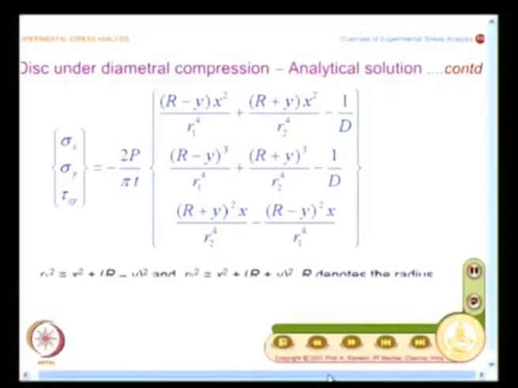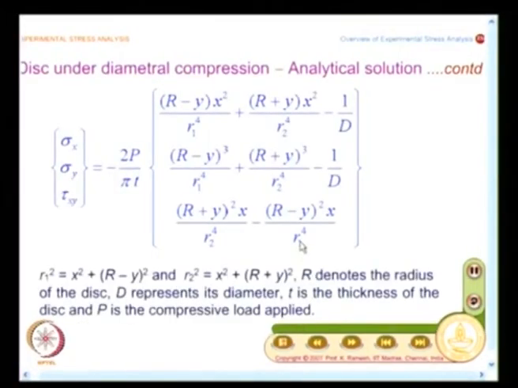Fortunately, theory of elasticity provides this solution, and here again it is given in a convenient form, sigma x, sigma y, tau x y, and you have this as minus 2 P by pi t, and I would request all of you to take down these equations. Though these equations are very long, they are very valuable information.